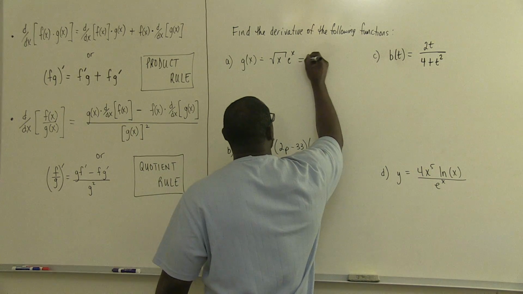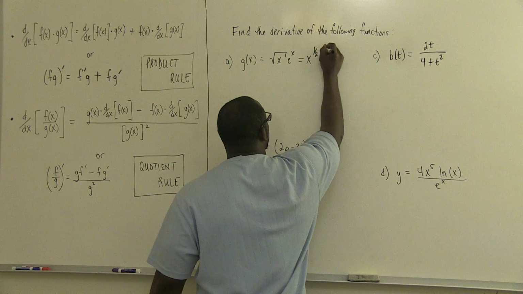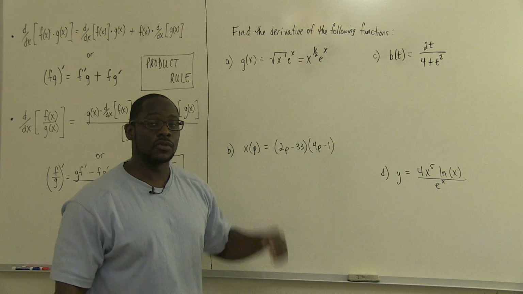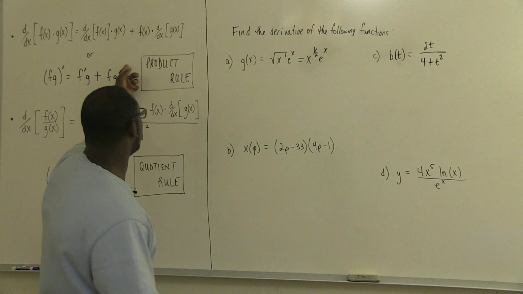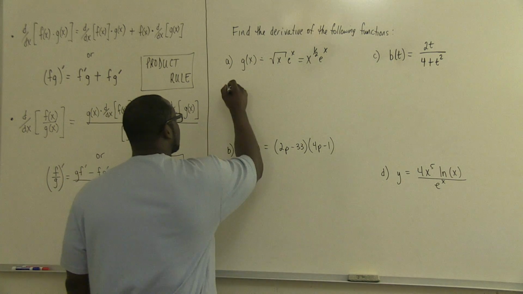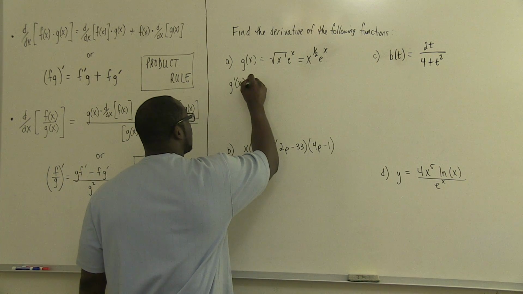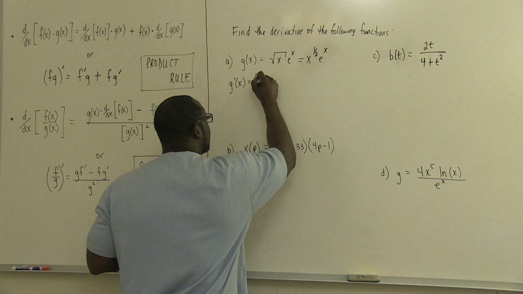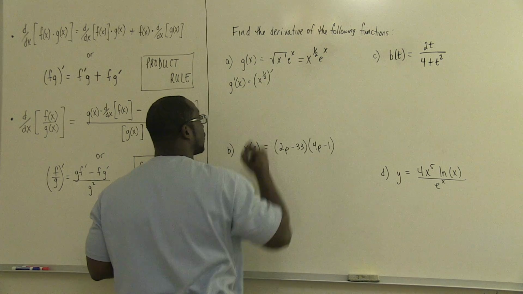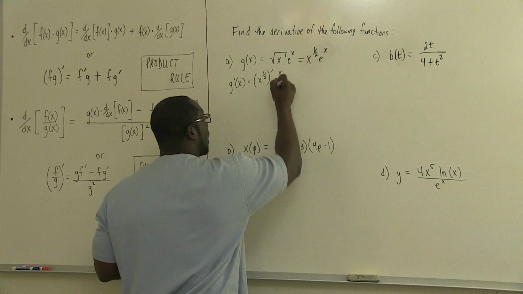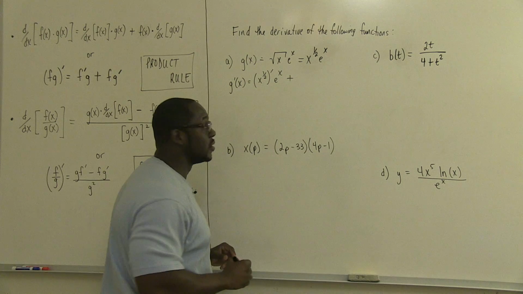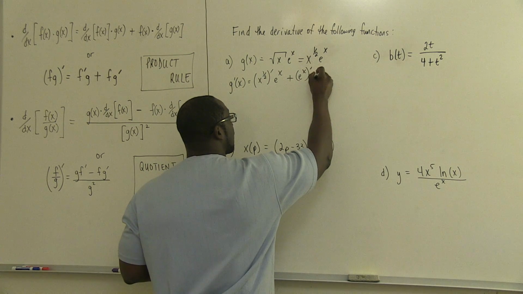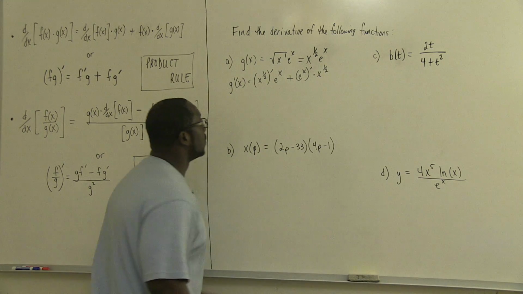If we rewrite it that way, now we have two functions being multiplied times each other, so we will use the product rule. Taking the derivative of g, and I'm going to write this in prime notation, we take the derivative of the first function times the second, plus the derivative of the second function times the first.